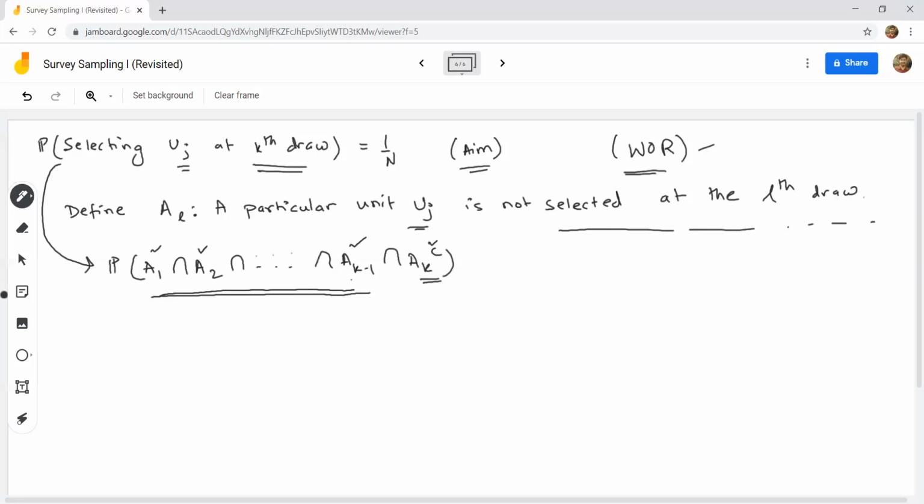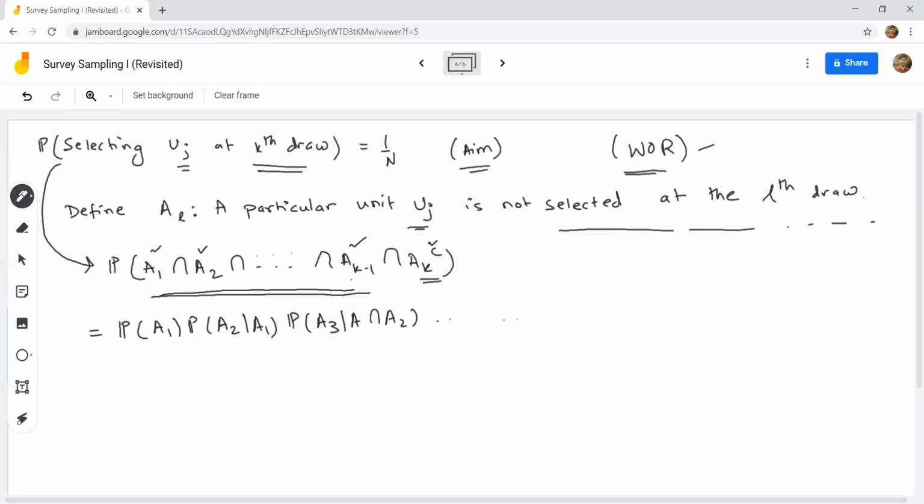Okay. So now we use the same old trickery of conditional probability. So I can write this as probability of a1 times probability of a2 given a1 times probability of a3 given a1 and a2. So these are all standard notations, standard laws of probability.